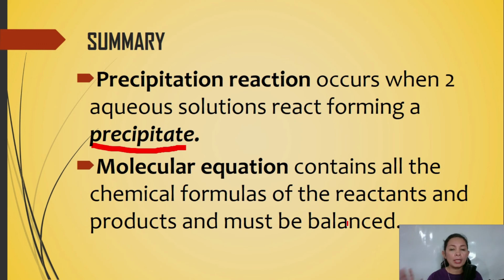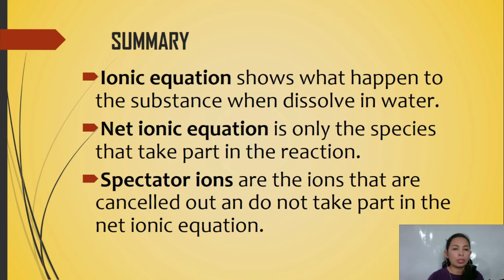Okay, we always need to balance our molecular equation. And then an ionic equation shows what happens to the substance when dissolved in water, meaning you need to write in ionized form those compounds that are soluble in water and in molecule or in a formula unit if it is insoluble in water.